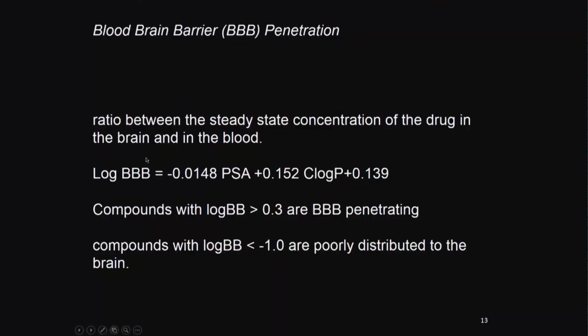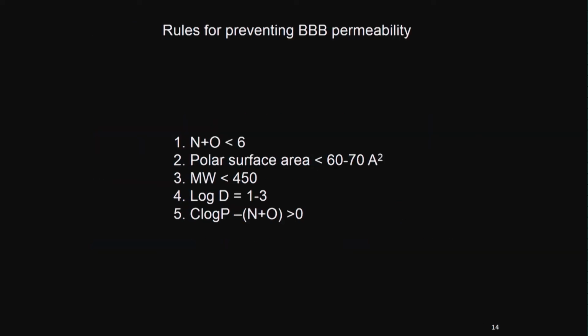This term BBB is the ratio of the concentration of the drug in the brain and in the blood. This is one rule which says whether the molecule is permeating through the BBB or not.